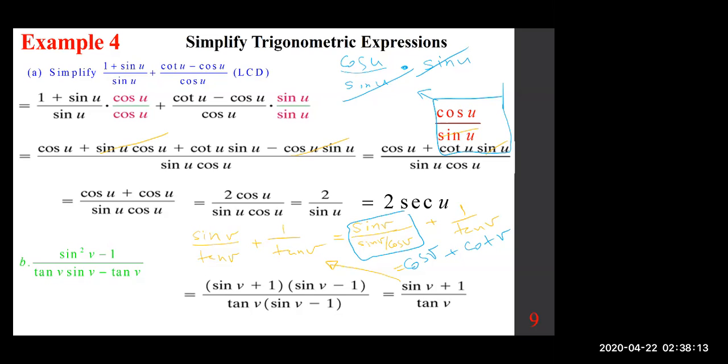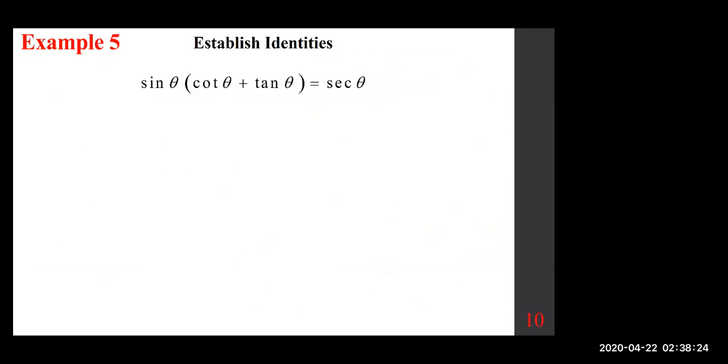Okay. Here's the next one, and I want you to see the difference. In this case, we are simplifying trigonometric expressions. In this case, we are establishing identities. So what is the difference? In the previous case, we may not know how far we have to go to simplify, but now we should. So what I'd like you to do is to establish this identity.